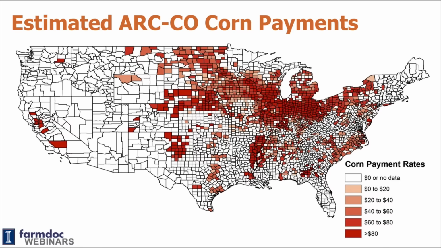What they report in there is a payment rate, and that is before the 85% is incorporated. You can look at that as reducing your payment per acre by 15%, or you can look at it as you only get this payment on 85% of your base. So this is before the 85% is factored in. If you multiply all those numbers by 85%, that would be the payment per base acre you'd be looking at.